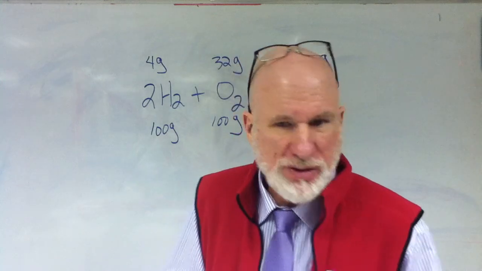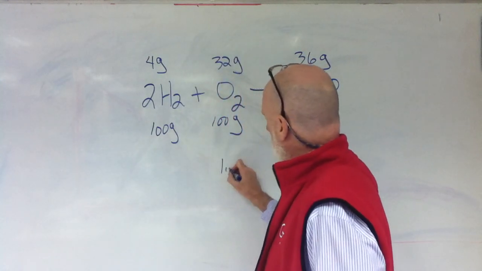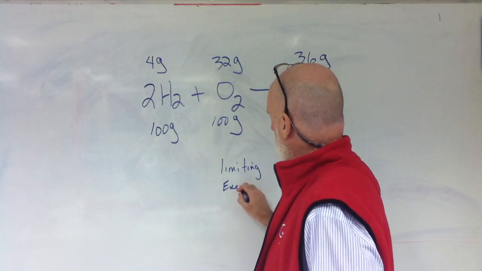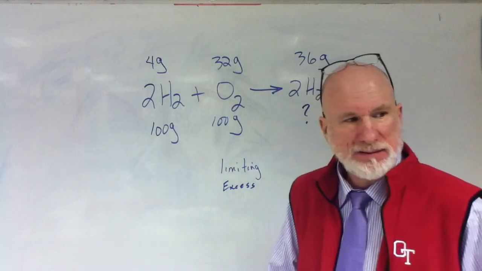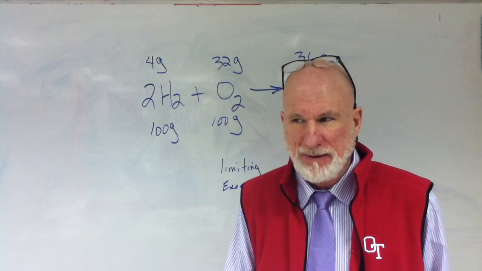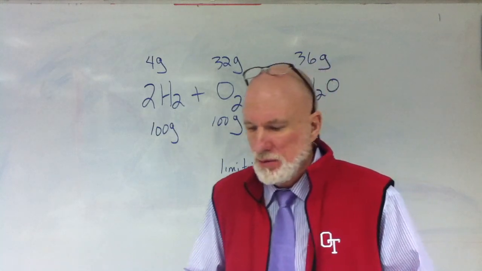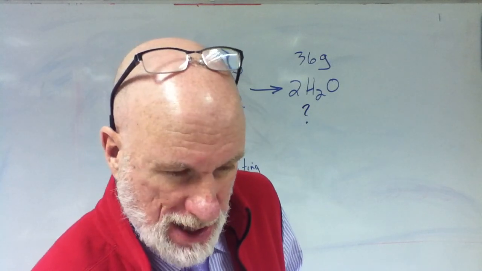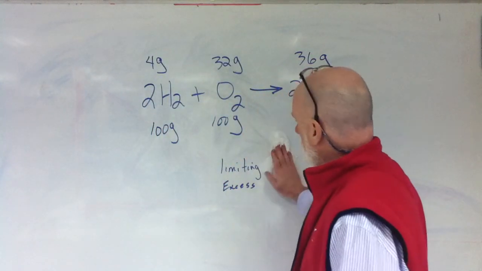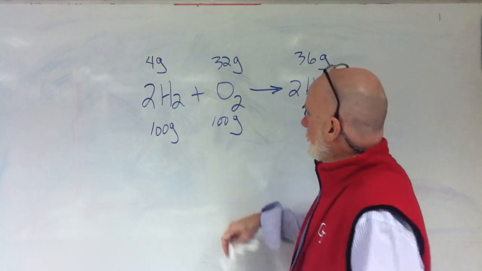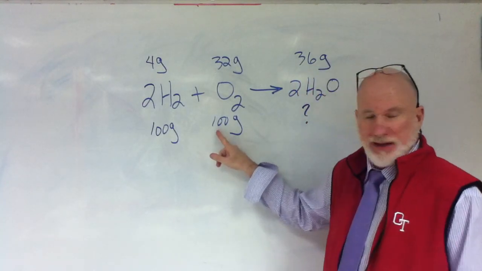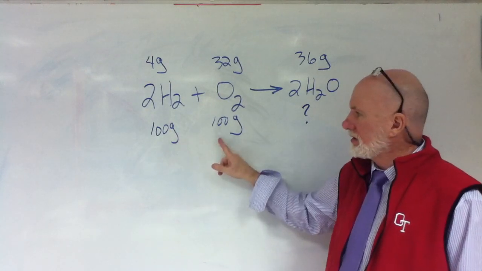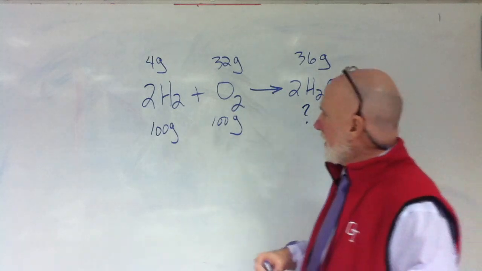You have two types of reactants: limiting and excess. So you can see by inspection, is the limiting reagent going to be oxygen or hydrogen? Oxygen. Well, let's see. If I use all of this, how much of this will I need?